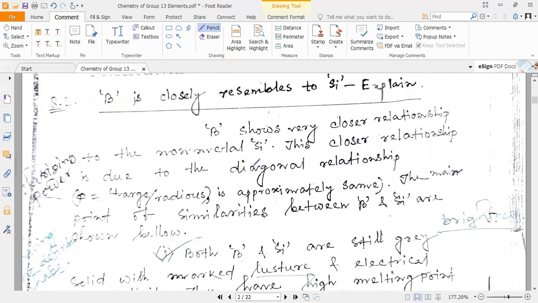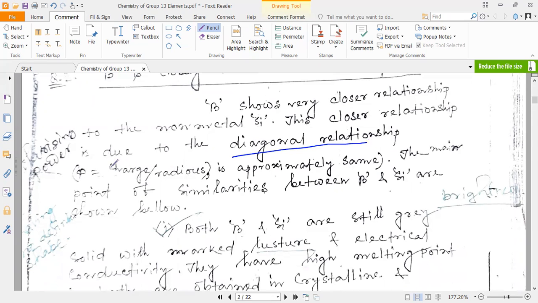Boron shows a very close relationship to the non-metal silicon. This relationship is due to the diagonal relationship, determined by the charge by radius ratio being approximately the same.